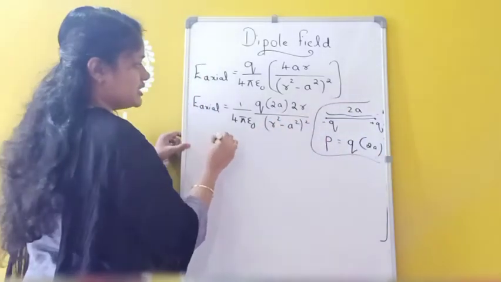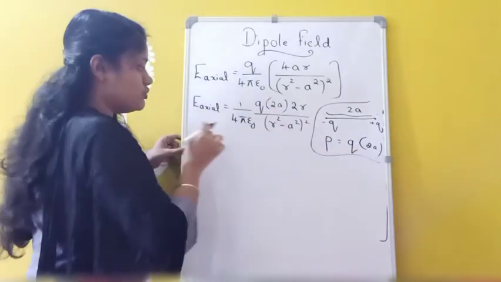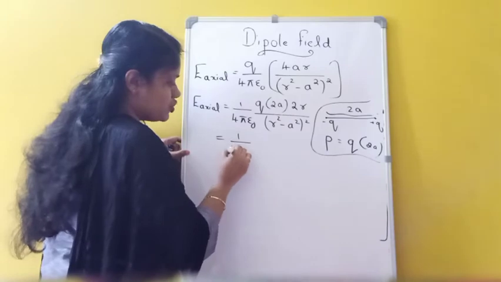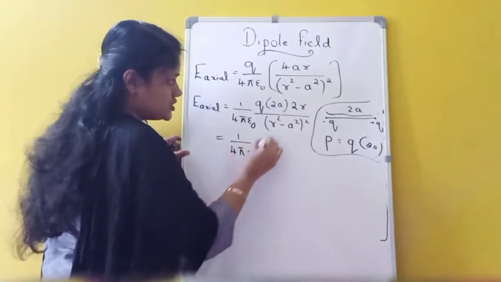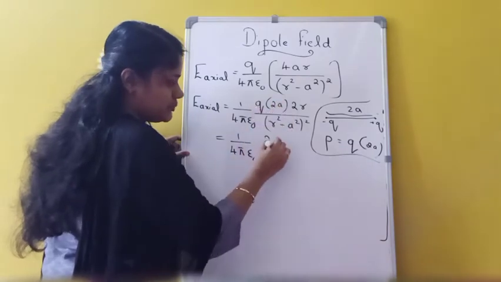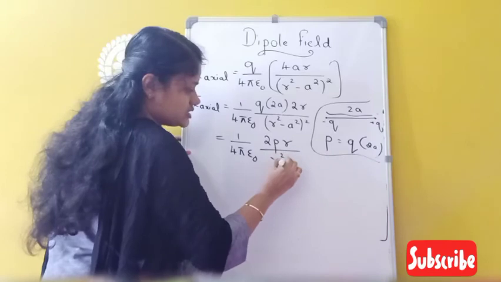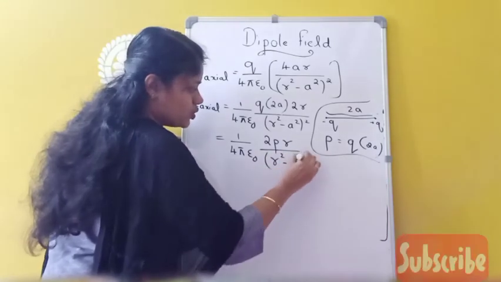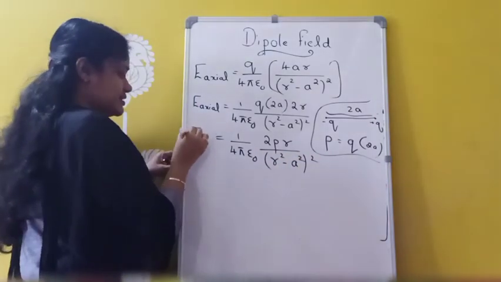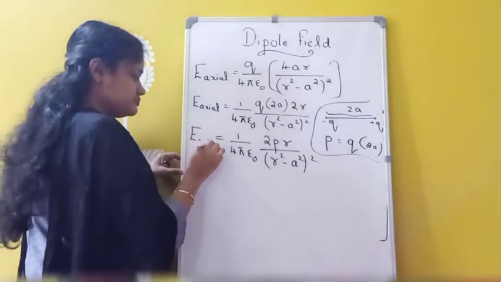That is equivalent, this Q into 2A can be written as P, the dipole moment. So you can write 1 by 4 pi epsilon 0, this 2 I am writing first, and instead of 2A into Q I am writing P. Remaining R is here, divided by (R square minus A square) the whole square. So this is the electric field along the axial line of the dipole.